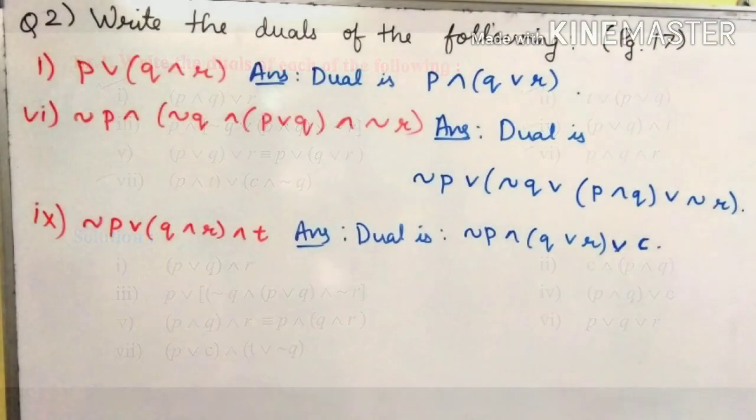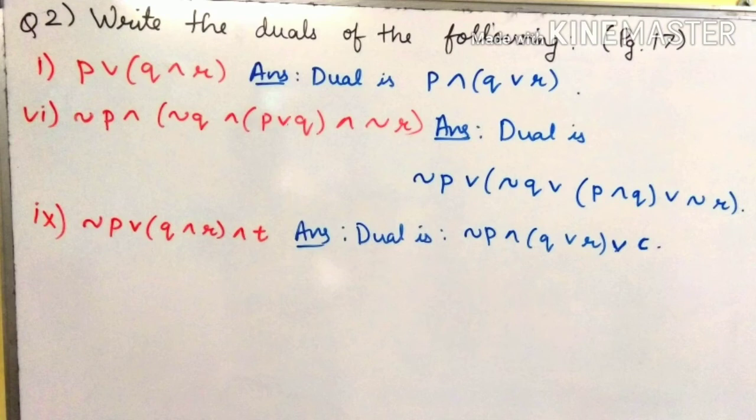Now we get the answer for the dual of the following statement. It is on page number 17. First example, P disjunction bracket Q conjunction R. We know that dual is only the conversion of disjunction and conjunction symbol.